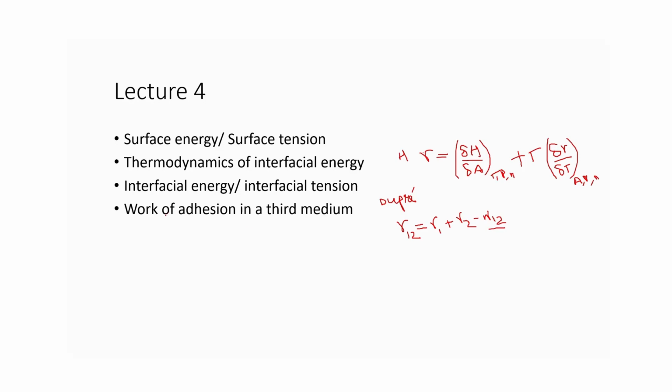And then the work of adhesion in the third medium was discussed, wherein a change in energy in two different media, 1 and 2, in medium 3 was discussed, wherein we get an equation: W132 equals surface energy of 13 plus gamma 23 minus gamma 12.